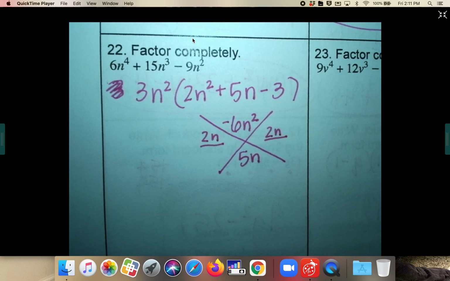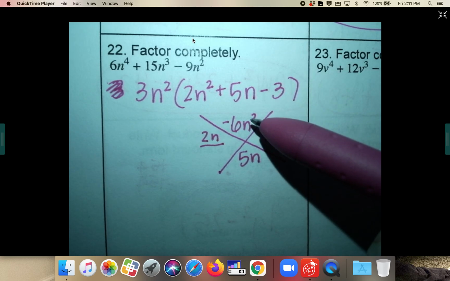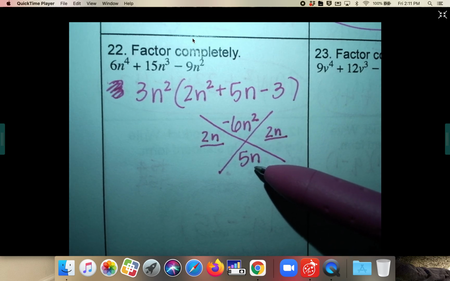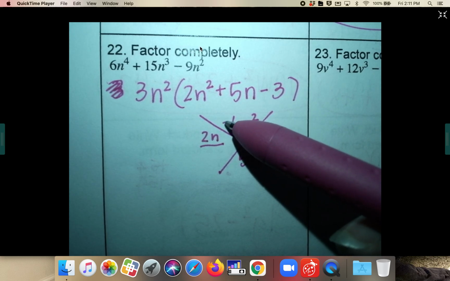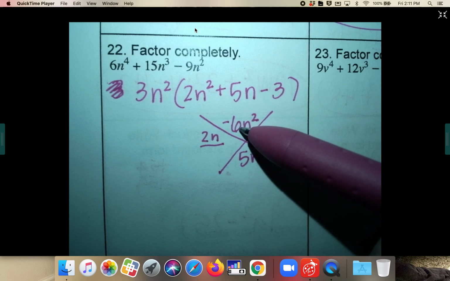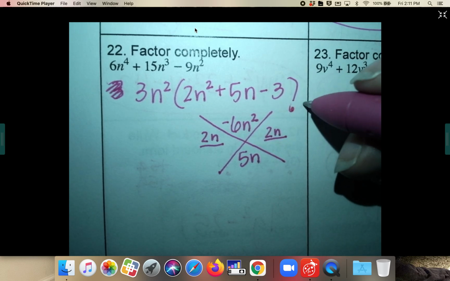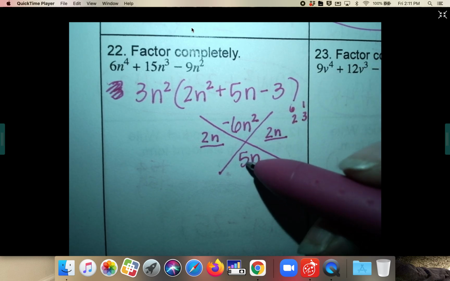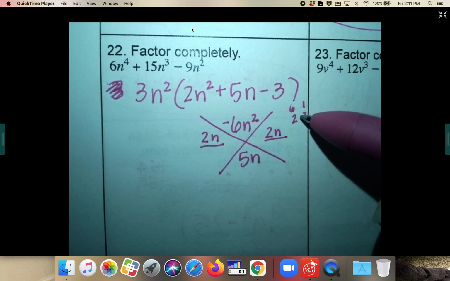All right, so what can we multiply to get negative 6n and add to get positive 5? So if we're multiplying to get a negative, I know it's going to be one of each. So one's going to be positive and one's going to be negative. Let's think of the factors of 6. We have 6 and 1 and 2 and 3. Which one of those can we add to get 5? Well, actually both, because you could subtract these or you could add these.